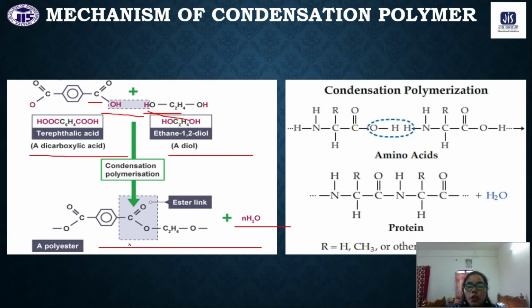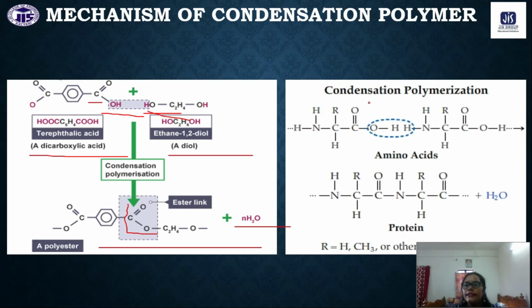The tartaric acid and the ethylene 1,2-diol will attach with each other, and it will make the polyester, which has the ester linkage, COOC2H4. Okay, this is called ester linkage.